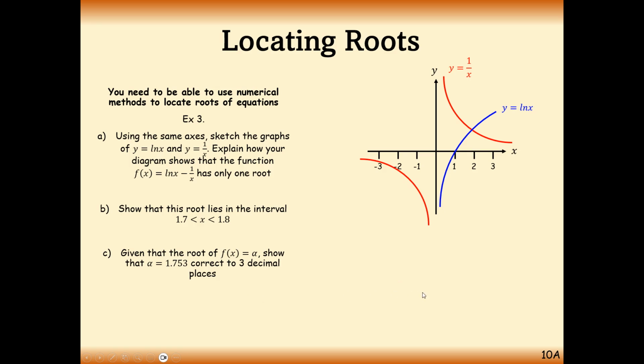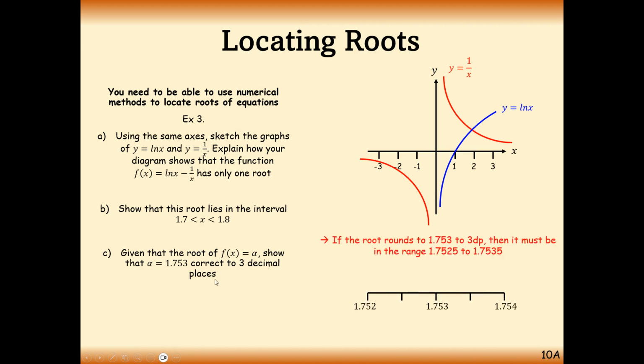In part C of this question, we are asked to show that the root alpha is 1.753 correct to 3 decimal places. So, what we need to do is pick a number that is slightly higher than alpha and pick a number that is slightly lower than alpha and substitute those two numbers into the function itself.